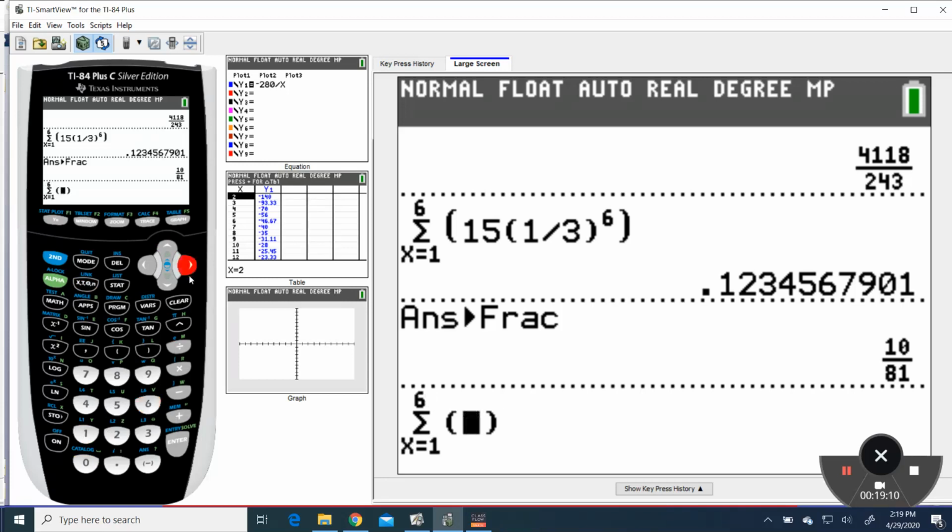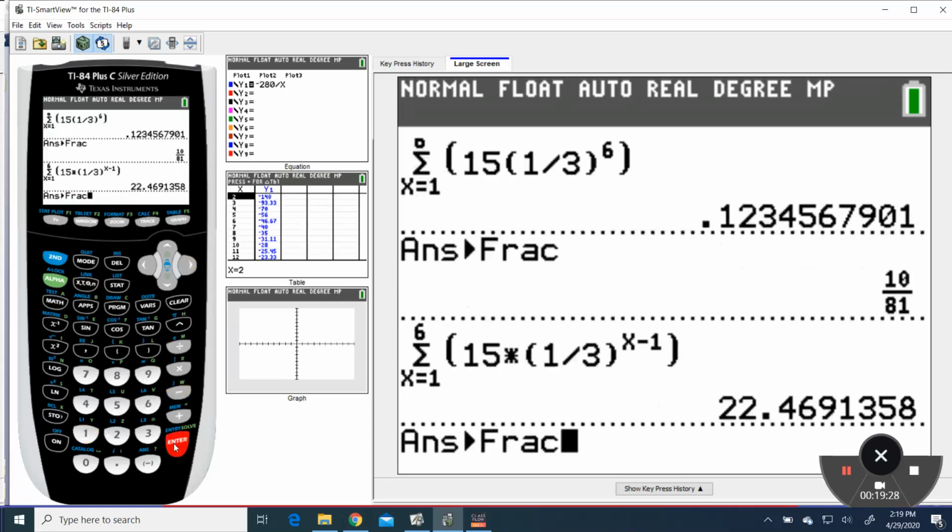Oh, I know what I did wrong. 15 times 1 divided by 3, up arrow, x minus 1. There we go. Enter.